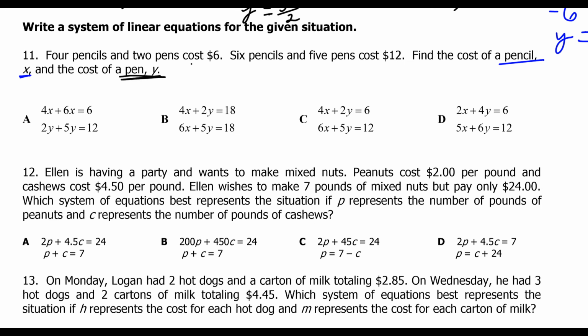And that needs to equal $6, as we've already established right here. Now 6 pencils and 5 pens cost $12. So we're going to go 6x plus 5y equals 12.